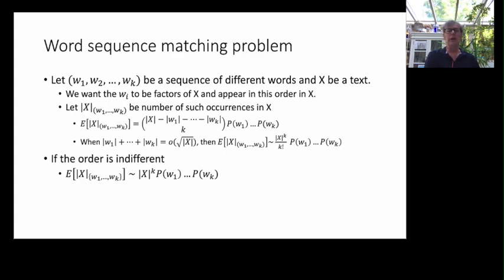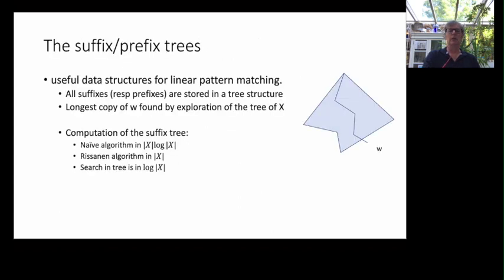When the cumulated length of the factors is negligible compared to the length of X, the expectation of the number of occurrences is the length of X to the power K, divided by factorial K, times the individual probabilities of the factors. If the order is indifferent, you multiply by factorial K, and we get this expression. So keep this in mind.